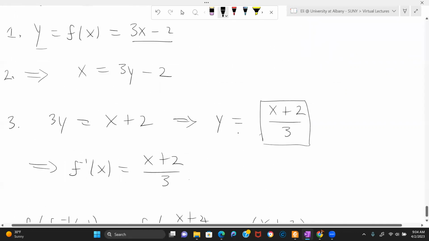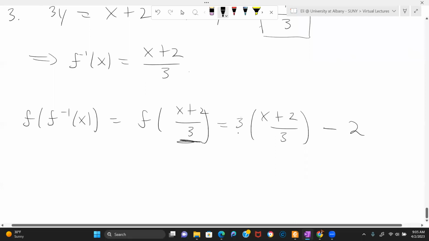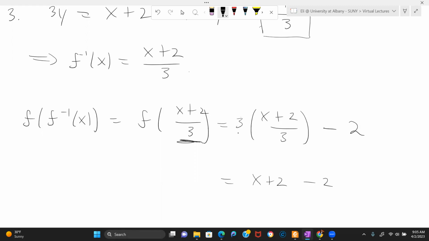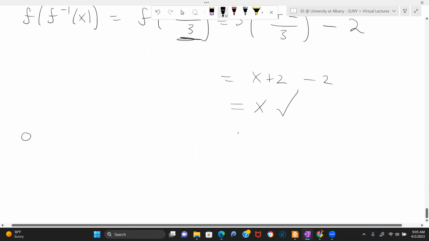So remember what f of x does. It multiplies your input by 3 and then subtracts 2. Our input is x plus 2 over 3. So 3 times that, minus 2. Now the 3's cancel, you get x plus 2, and then minus 2, and then you get x. So that checks. That verifies the one cancellation property.